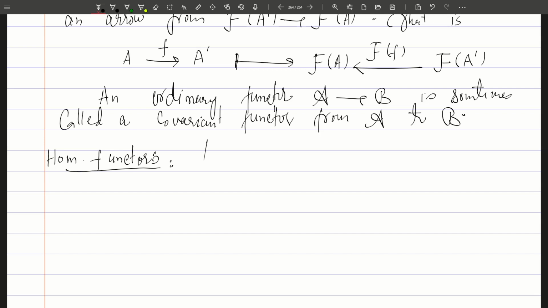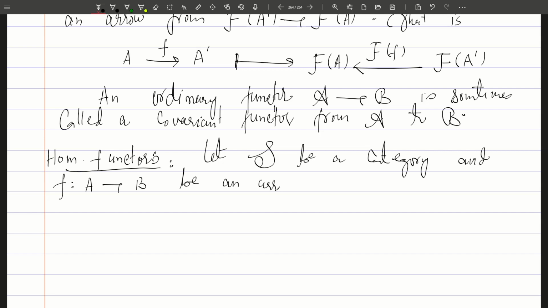So let us suppose we have a category, say S. So let S be a category, and suppose we have a morphism, say f, between objects A and B. So this is an arrow in S. Let us suppose S is any object in the category S.